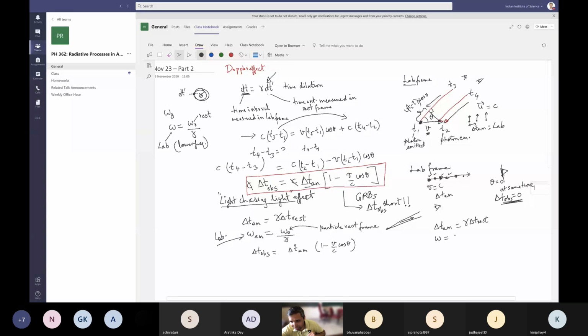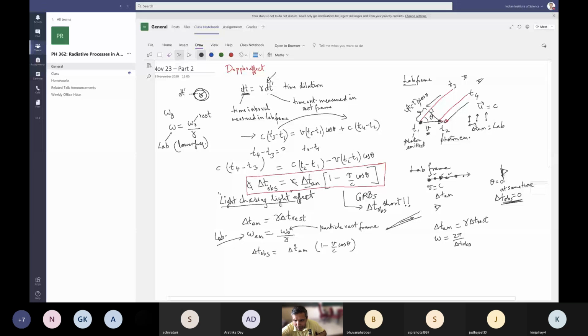Frequency as measured in the lab frame is nothing but 2 pi by delta T observed. So basically this is the setup: you have this particle moving, it emits photons, and after every interval delta Tm as measured in the lab frame, the question is, what is the frequency of photons measured in the lab frame by an observer?